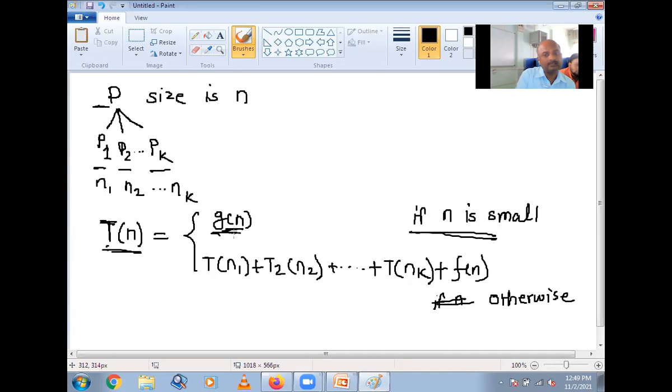If n is not small, then this condition is not satisfied, so divide the problem into subproblems with sizes n1, n2, n3 up to nk, and the time required is T of n1 plus T of n2 up to T of nk plus f of n. This is the general statement for time complexity.